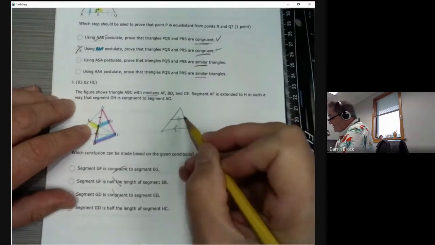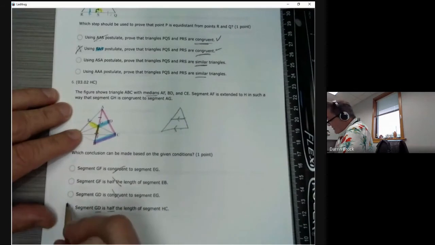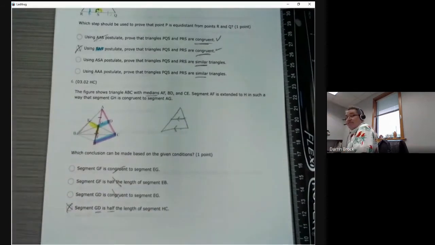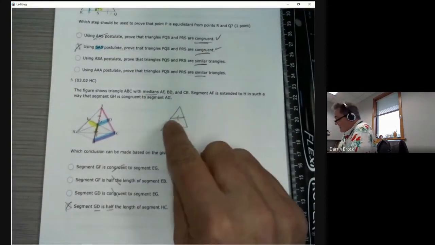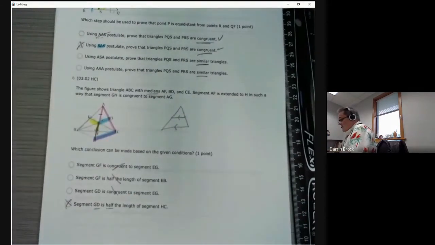Parallel, half the length. So GD would be half the length of HC because of the mid-segment theorem, because that is a mid-segment, the midpoints connected, from the third side of the triangle.